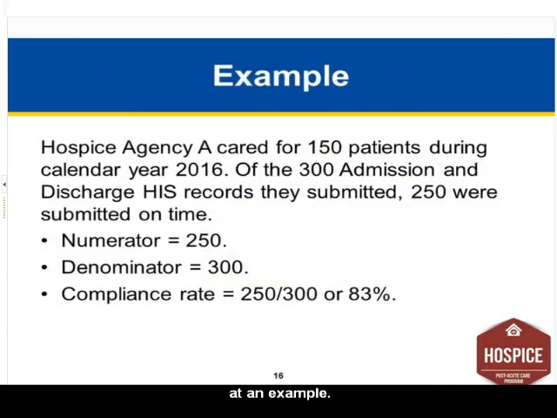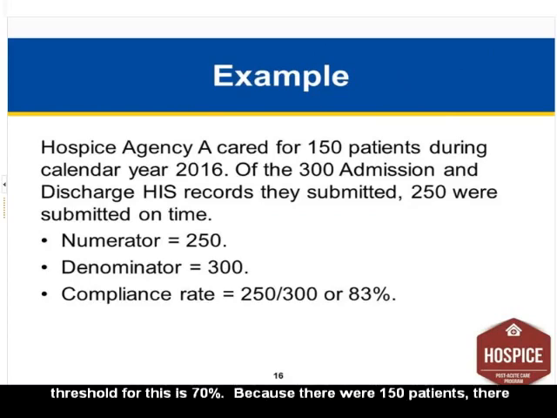In our example, Hospice Agency A cared for 150 patients during calendar year 2016. Remember, calendar year 2016 is the data collection period for the reporting year of FY 2018. The submission threshold for this is 70%.